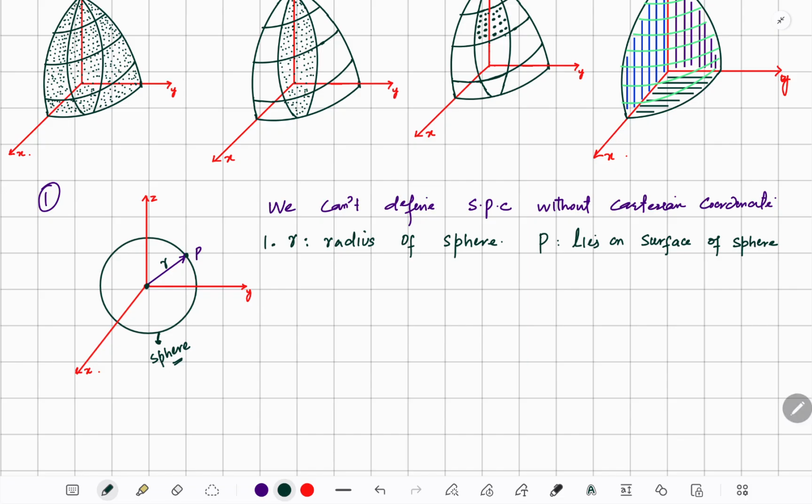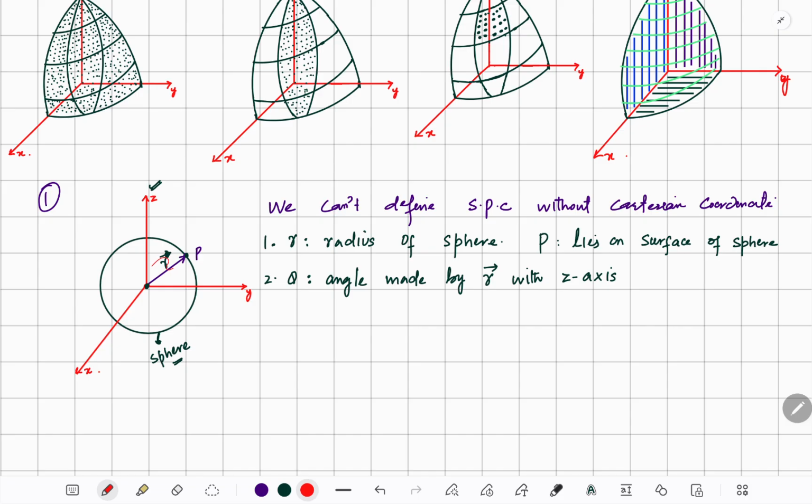Now there is the second thing, the angle theta, which is the angle made by the r vector with the z-axis, which is fixed. How much angle does this r vector make with the z-axis?